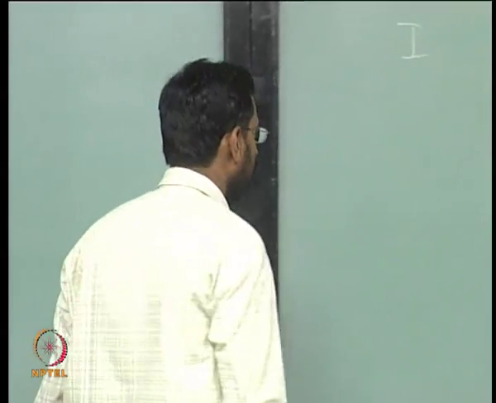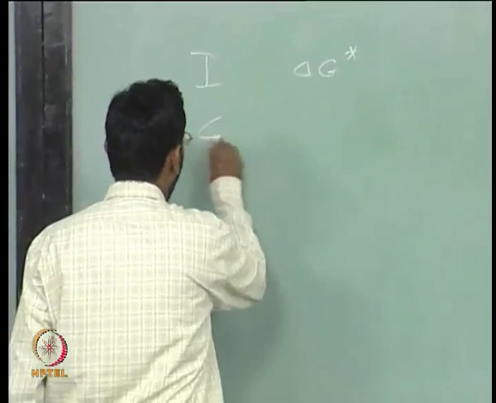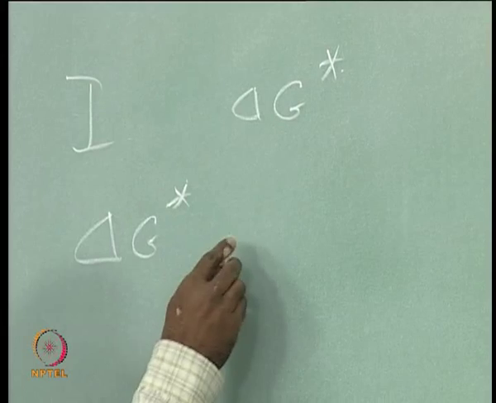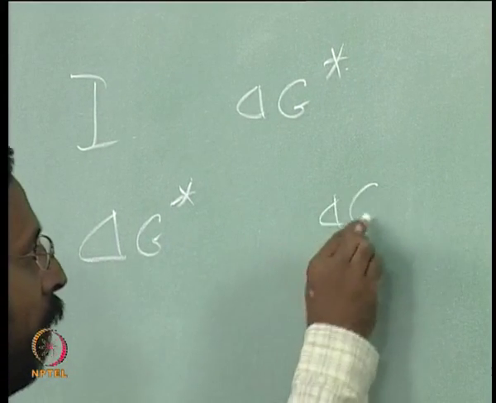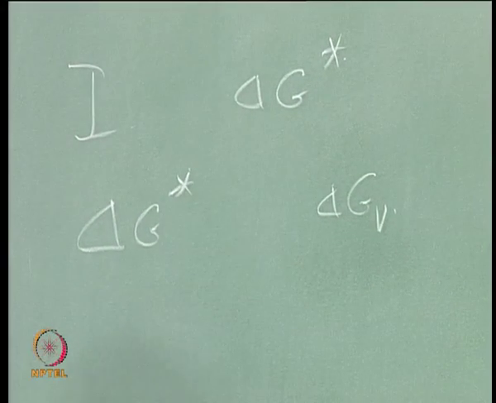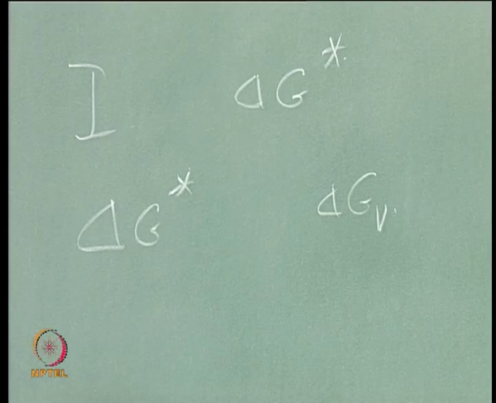has to consider, and delta G star is related to delta G V. Am I right? That expression also many of you know.